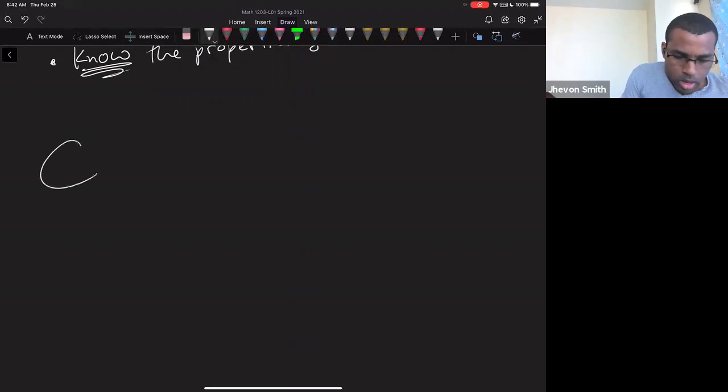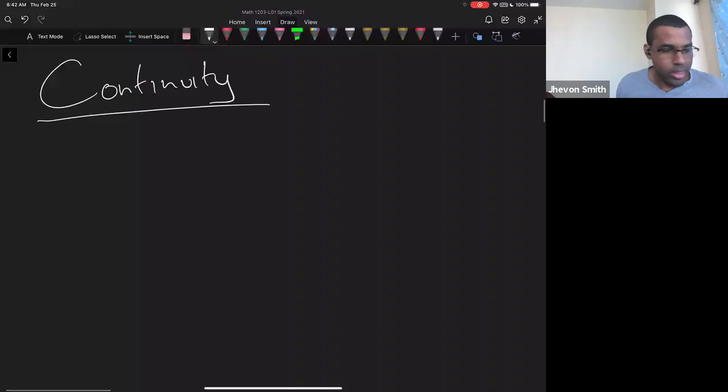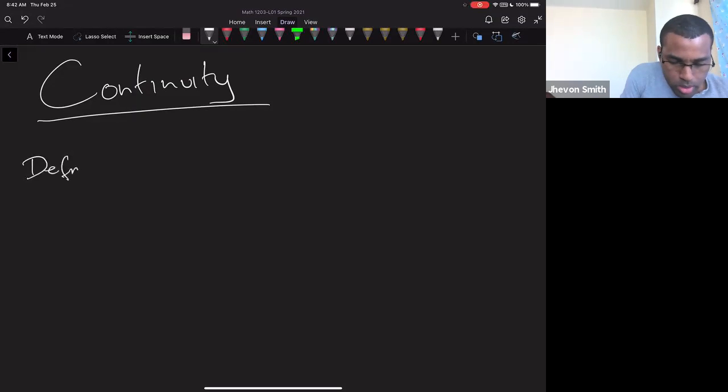So we're going to talk about continuity. This is going to involve limits, but we're not going to learn anything new about the limits part. So let's jump into the definition.